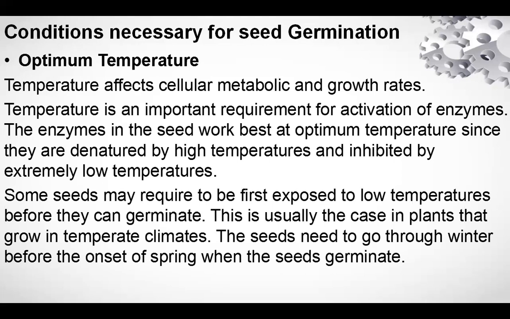Some seeds may require prior exposure to low temperatures before they can germinate. This is usually the case for plants that grow in temperate regions. The seeds need to go through winter before the onset of spring, when these seeds germinate. So these are the conditions.